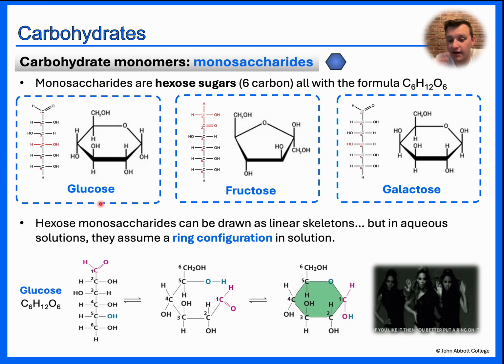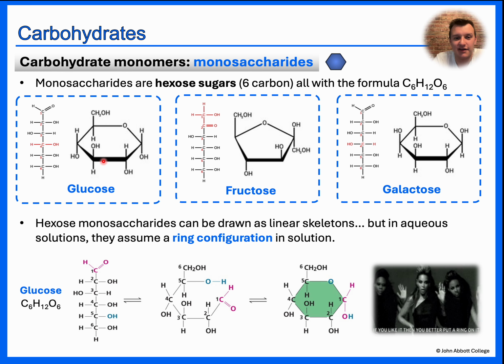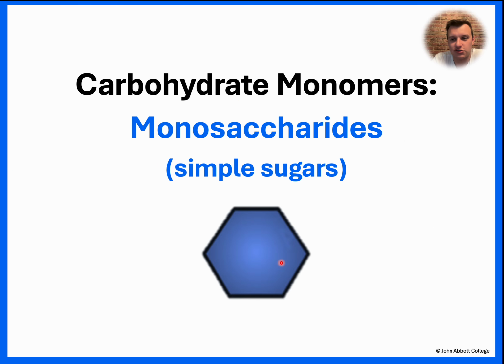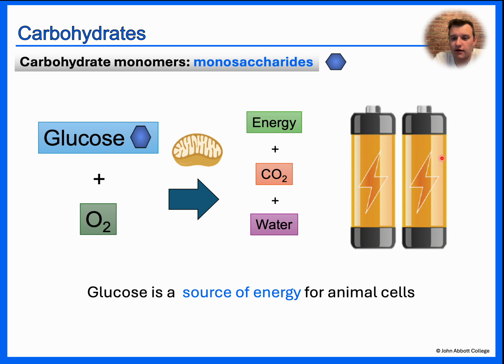We draw it like this, but the chemistry of it is actually this. Don't freak out. Just know that if it's in this shape, this hexagon, it's probably a monosaccharide. Looking at them one at a time, you should be able to say, that's a monosaccharide. And why are monosaccharides important?